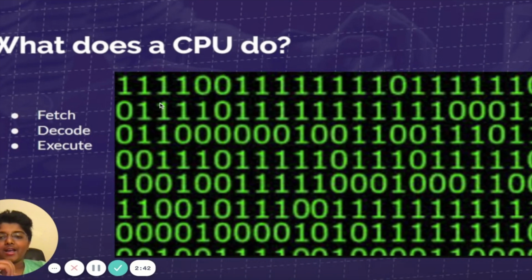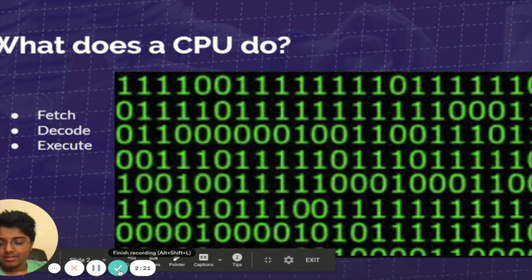So it does the task. Like if you press search for what's the coronavirus, it basically does that. And then it gives our answer, which after it executed it, it's going to display, which is what the GPU does, which basically shows it. And yes, that is what a CPU does.